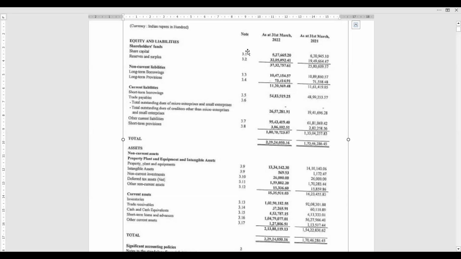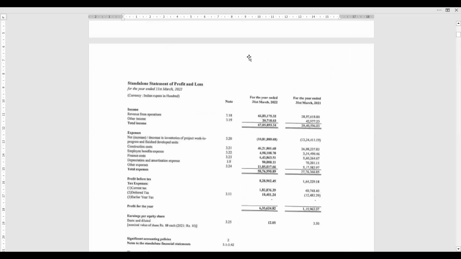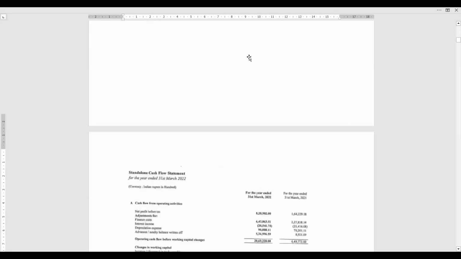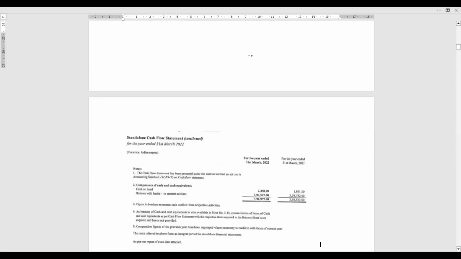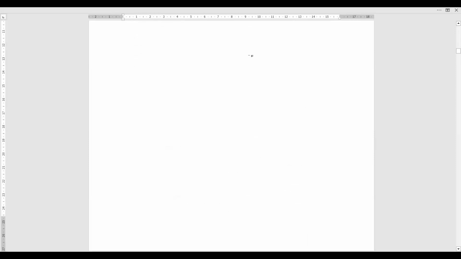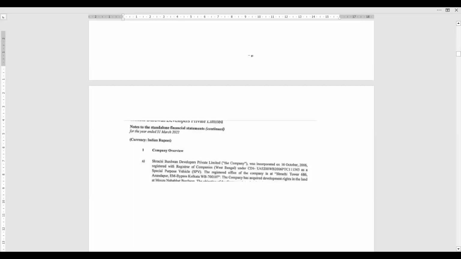See, now here you have share capital, note number 3.1. Okay, I will go to 3.1. You see here now 3.1.